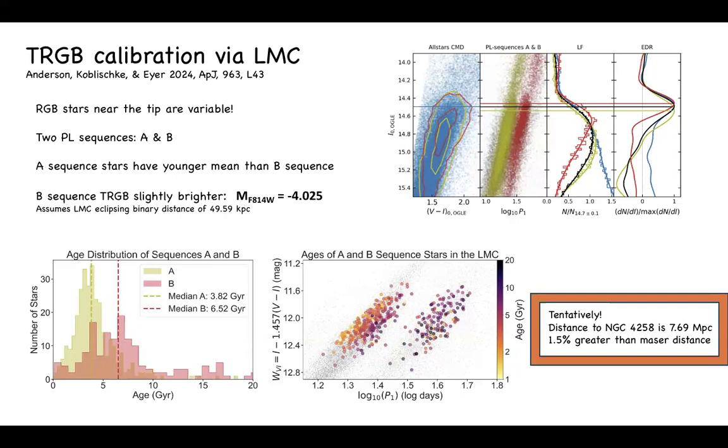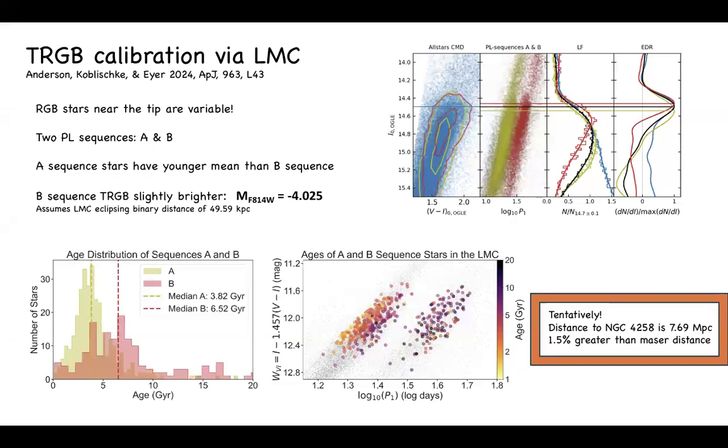And indeed, these colors here are ages. You find that the median age of sequence A is about 4 gigayears, whereas sequence B is more like 7 gigayears. So there's a lot of interesting physics going on here, which remains to be seen.